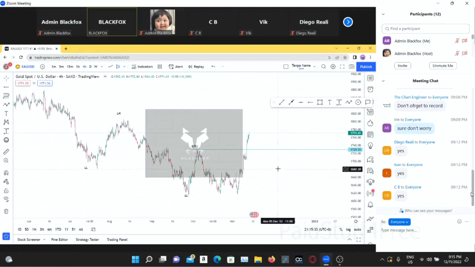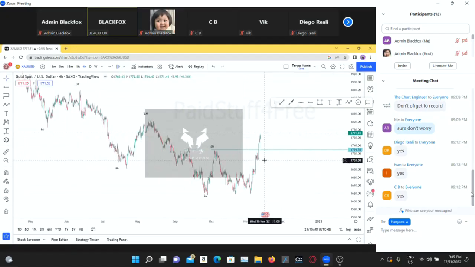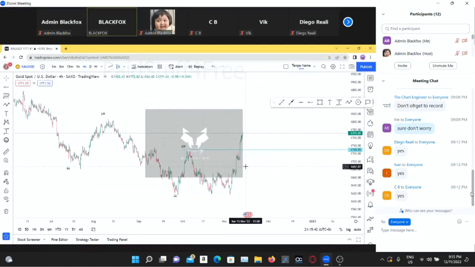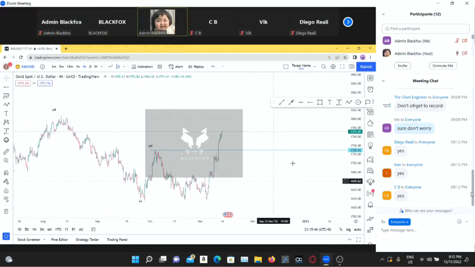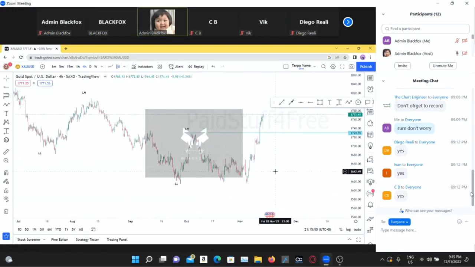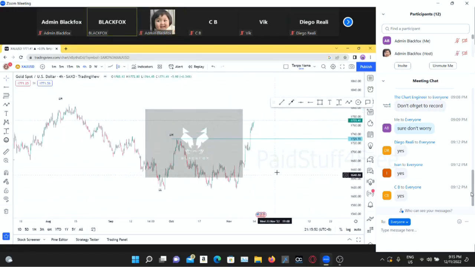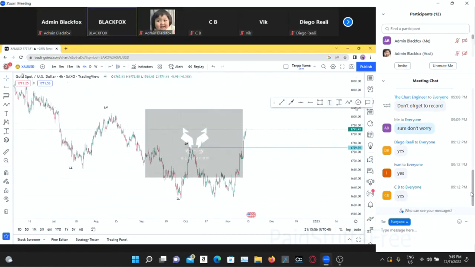So first breakout, this one will be a trend change, looks like a trend change. Yeah. So first breakout that we see is just a signal.